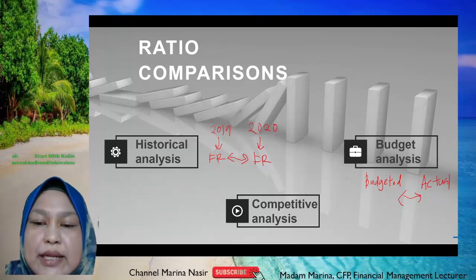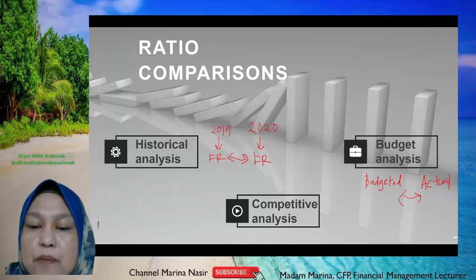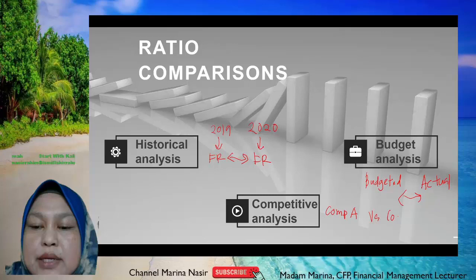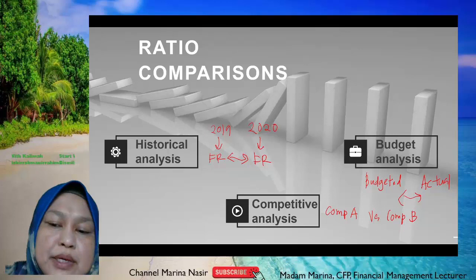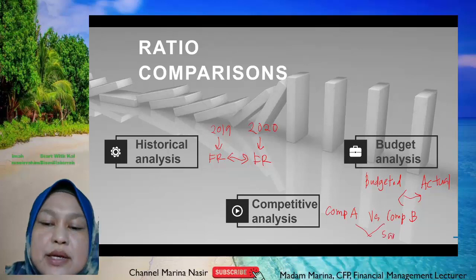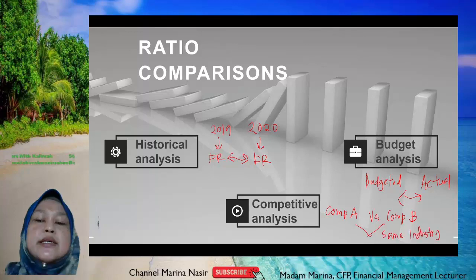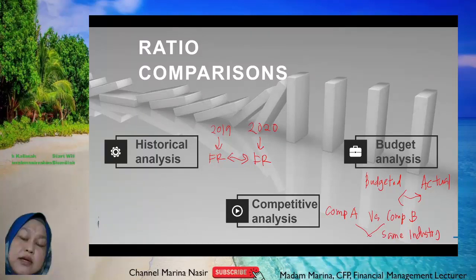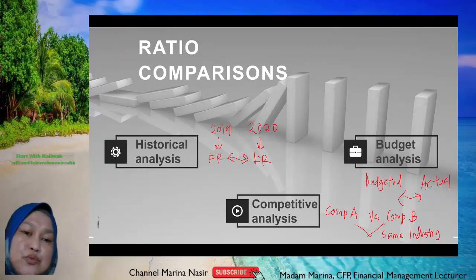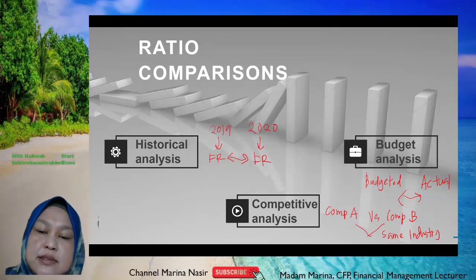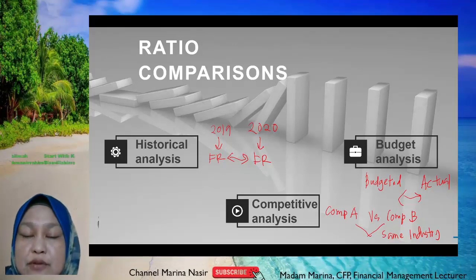We compare the financial ratios of company A and company B, but company A and company B must fall within the same industry, for example under industrial products, finance, or consumer products. So these are the three types of ratio comparison.